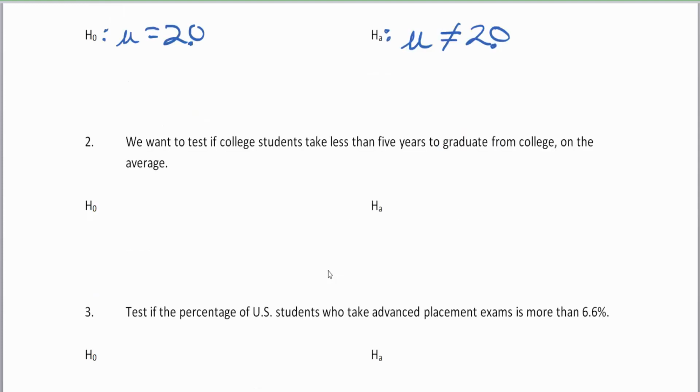Now, let's take a look at this second example. We want to test if college students take less than 5 years to graduate from college. This could also be your claim. You could say, I think college students finish in less than 5 years. So this test or claim, and you're going to see those words interchangeably here, we want to focus again on the alternative. The alternative here is stating that the average is less than 5.